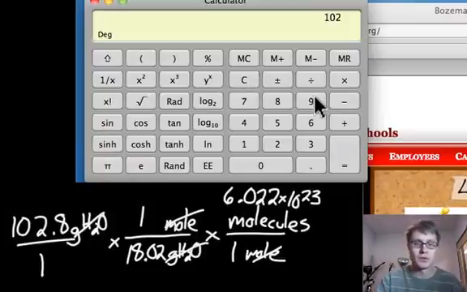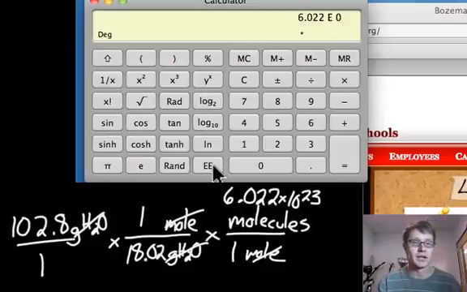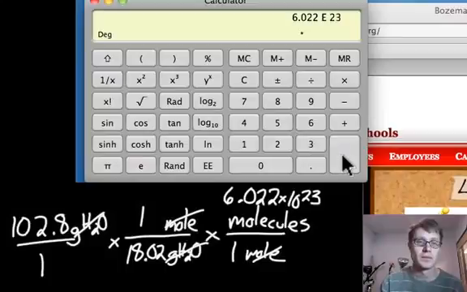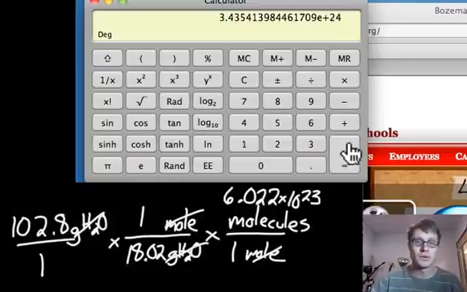So it's 102.8 times 6.022. I love this key right here. What it does is allow me to write in the exponent. So it's times 10 to the 23rd, equals that. And then I'm simply going to divide that by 18.02. And so the right answer for that is 3.435 times 10 to the 24th.